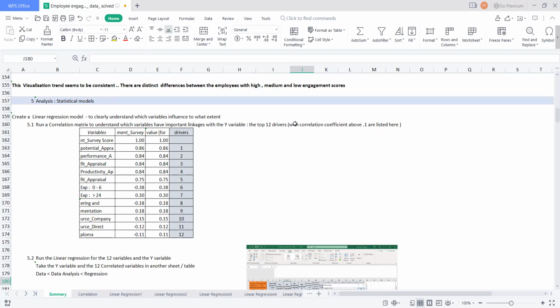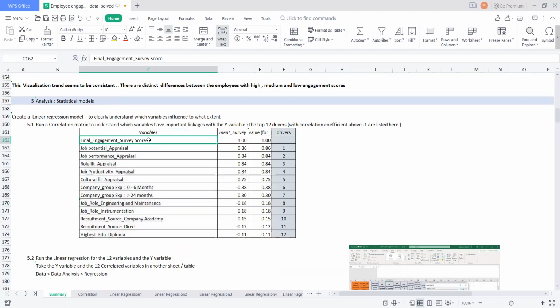The first way to go about it is to understand which are the variables with the highest relationship with survey scores. So when we look at it, I'll just increase the size of this, when we look at the final engagement scores and the drivers, we find that these are the outcomes which are very correlated. When they increase or decrease, there is a distinct difference in the engagement score.